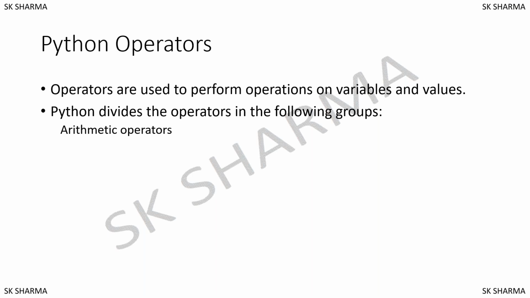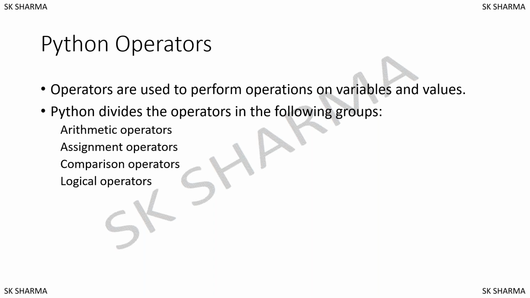Python divides the operators into the following groups. Arithmetic, where we will see plus, minus, divide and all that. Assignment, how we assign. Comparison operators, how we compare and check the logic.